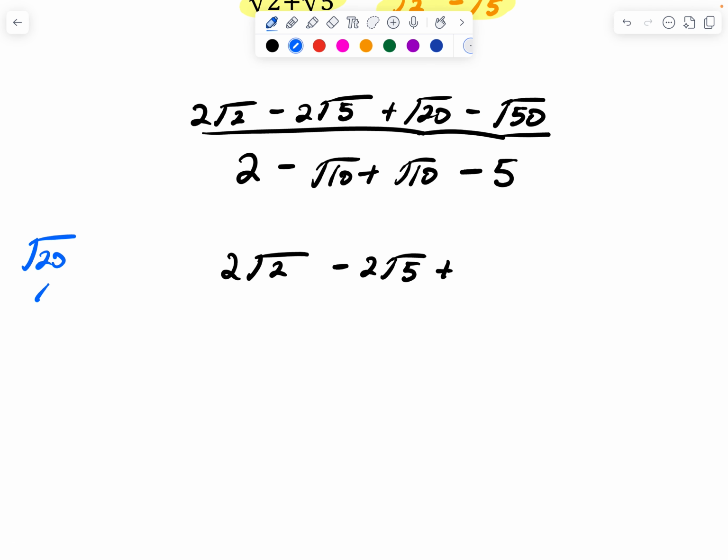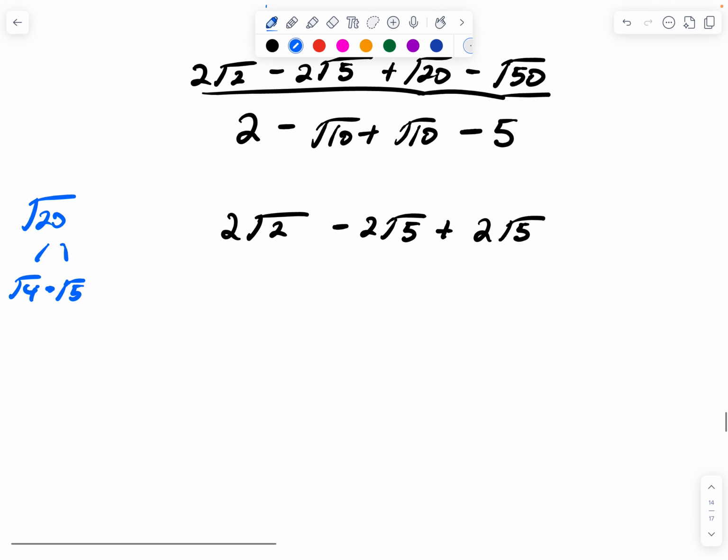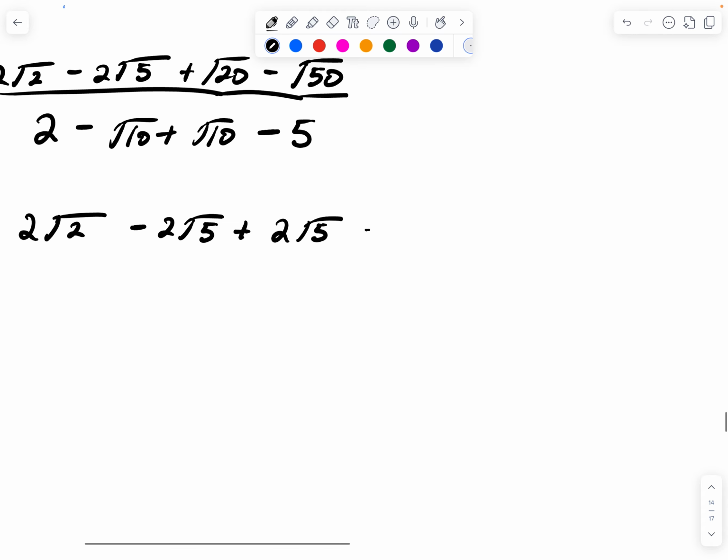Root 20 is the same as root 4 times root 5. So that's going to be 2 root 5. And then I'll do root 50, which breaks down to root 25 times root 2, which is going to be 5 root 2. Try that again. There we go.